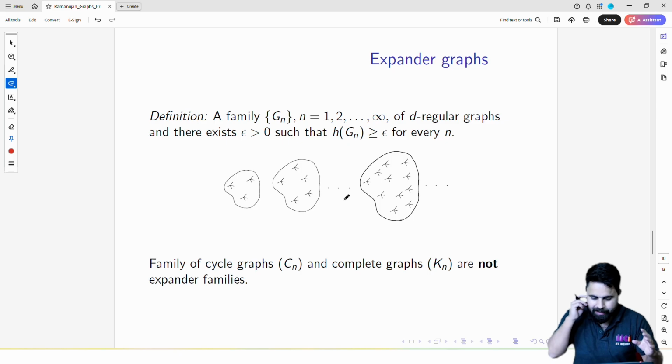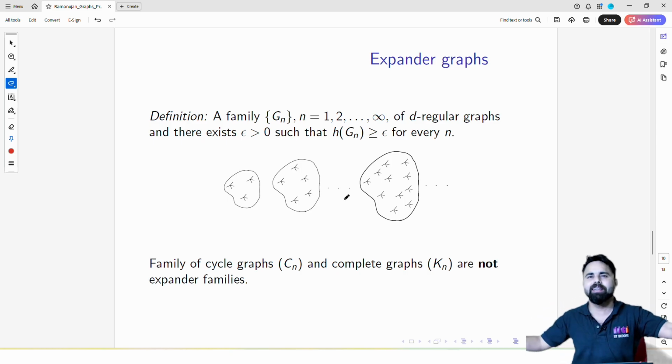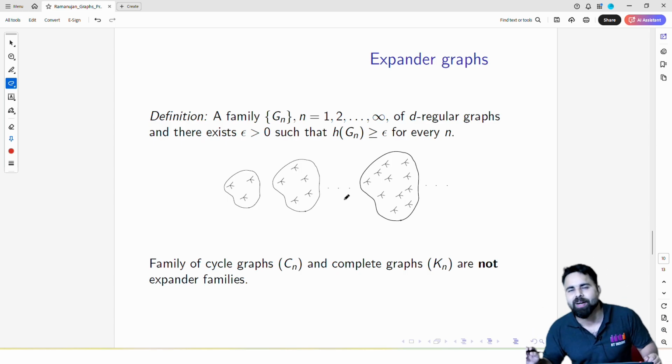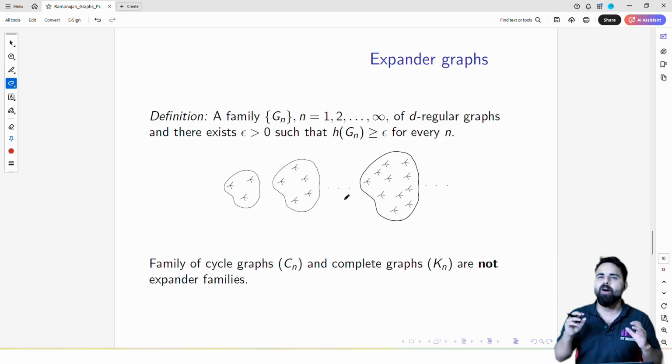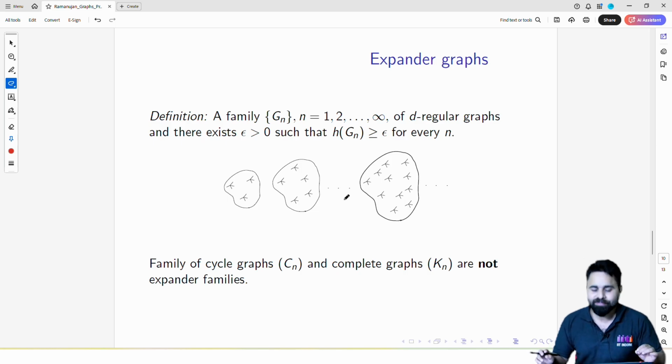Let me state it: a family of graphs G1, G2, G3 and so on, where the Gi's are increasing in order in terms of the number of vertices, with two properties. All of these graphs are firstly d-regular graphs with fixed degree, and another thing is that the expansion coefficient of every member is positive.